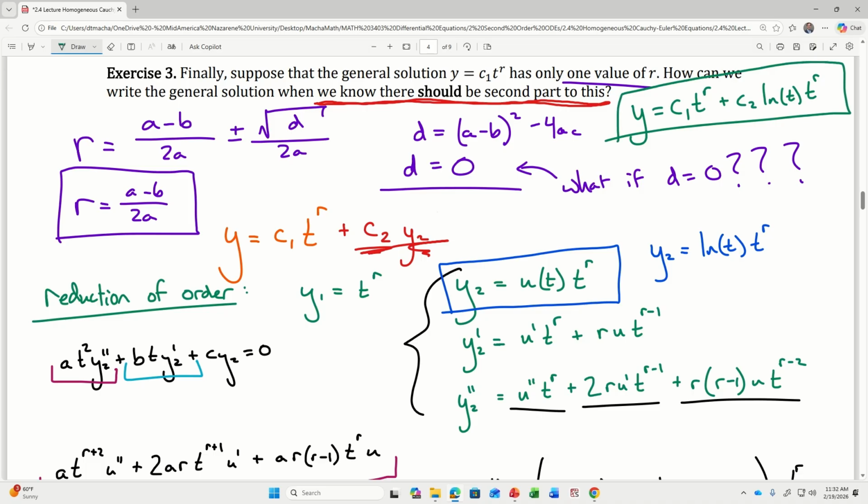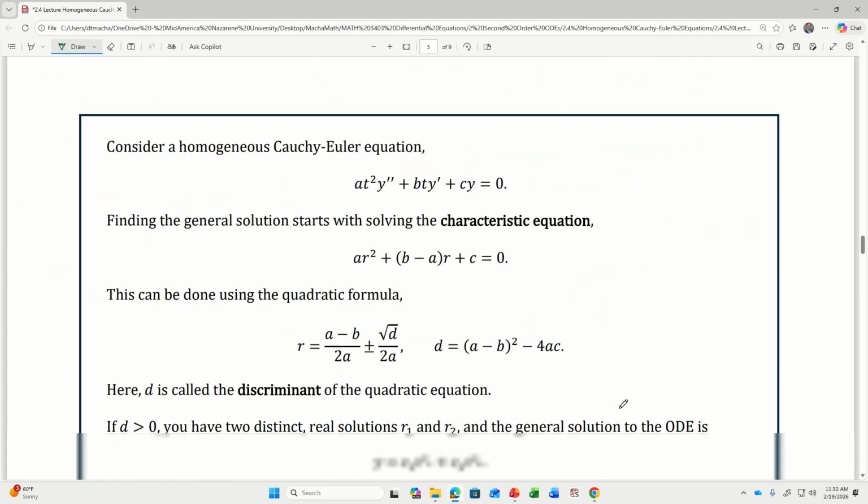Okay. So that's how you find and how you write the general solution to a homogeneous Cauchy-Euler equation. Of course, you don't have to do this every single time. You don't have to reproduce this every time you want to solve an ODE.